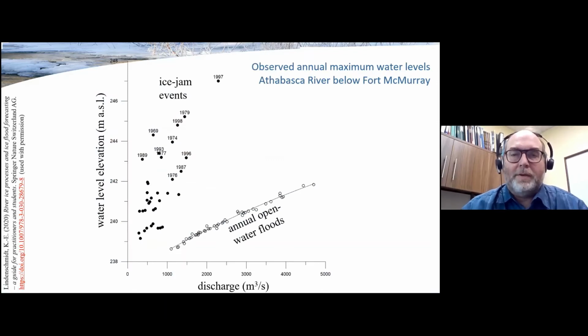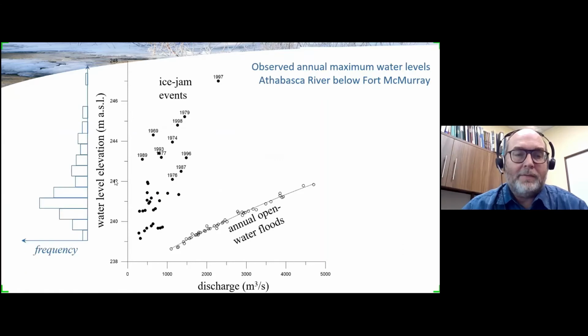So here we have similar to what I showed for the Peace River. This is our jam events here. And of course, you can group these, bin these into a histogram. Now this histogram is rotated a bit just to get my point across, that these events are now binned here in this histogram. And now you wouldn't want to fit a normal distribution.